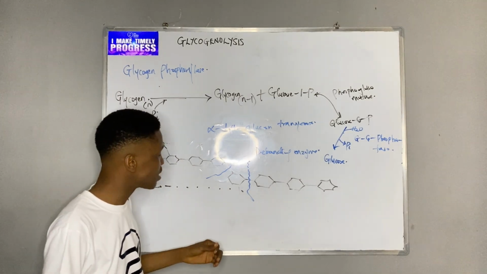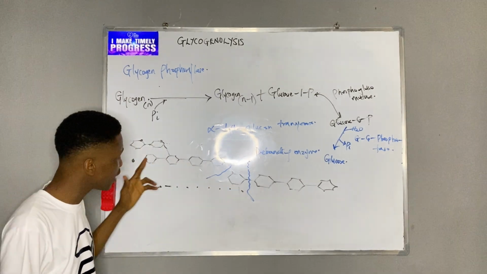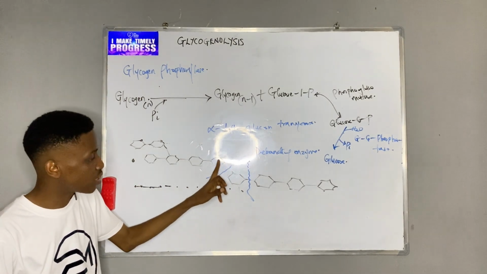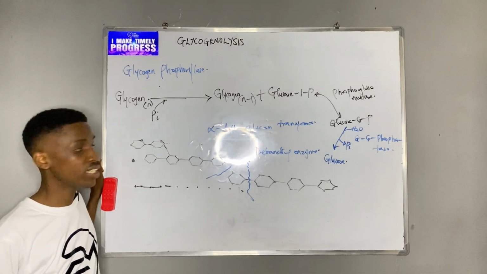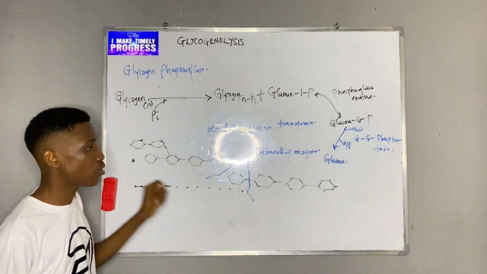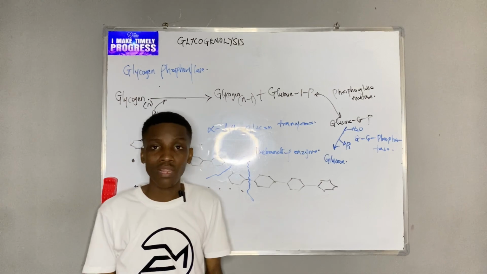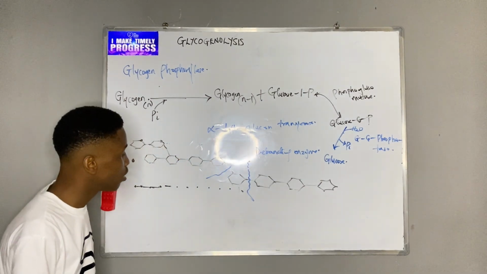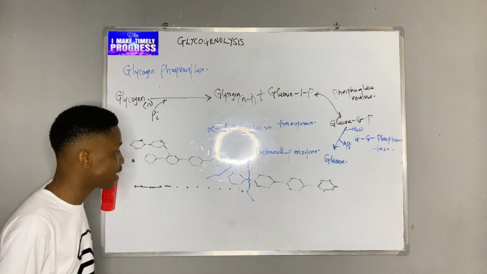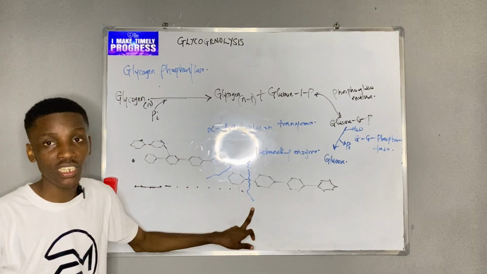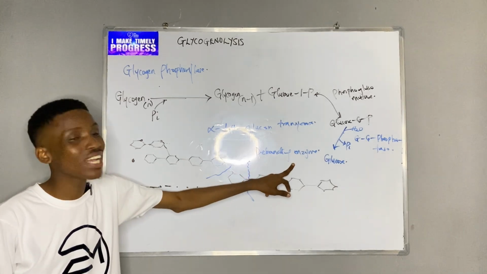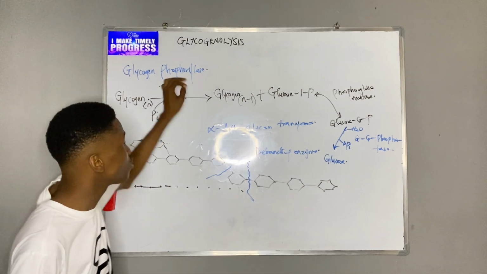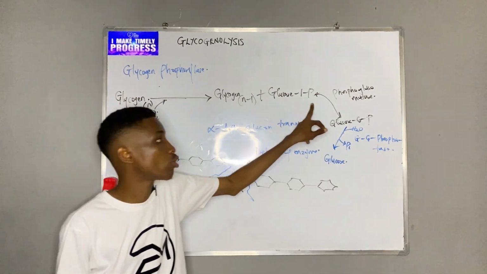And then what we will now have is a free glucose attached by branching to an already present long chain. The enzyme that now comes into action is called the debranching enzyme, an enzyme that can cleave that bond. It cleaves the alpha 1,6 bond. And by that action, I now have free glucose released. So the action of the debranching enzyme releases glucose as free glucose, whereas the action of glycogen phosphorylase releases glucose as glucose 1-phosphate.